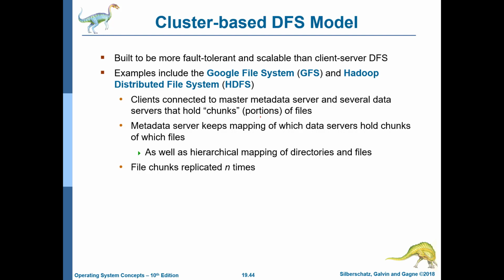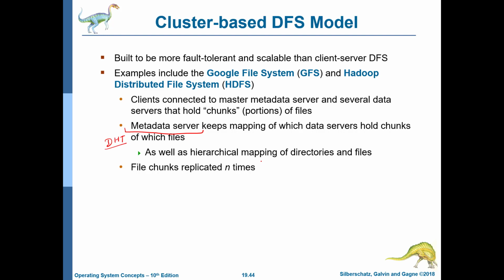So the metadata server keeps mapping of which data servers hold which chunks. But then again, modern avatars of this don't actually require a metadata server. And there is a method called a distributed hash table via which you don't need a single server for this mapping functionality.